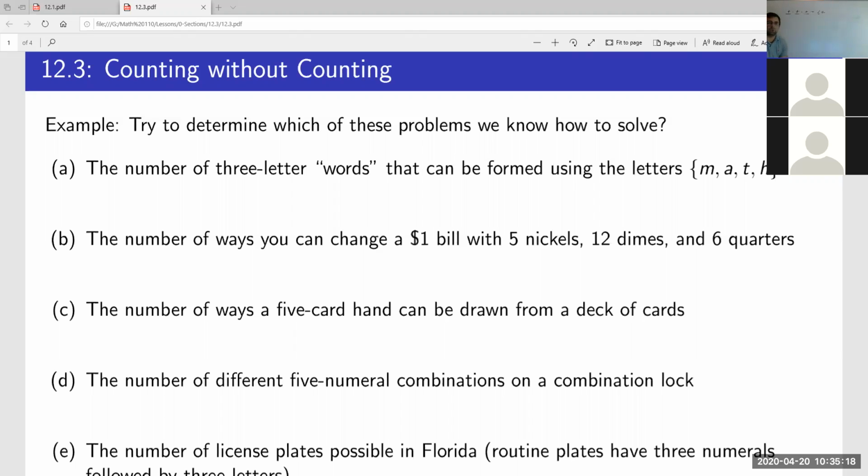We don't know how to include the rule of all of these things having to equal $1, and it also doesn't tell us how many different slots there are. It doesn't say that you have to give back exactly 6 coins or something. So no, we can't really do B. We could do it the old-fashioned way, but that's not where we're at.